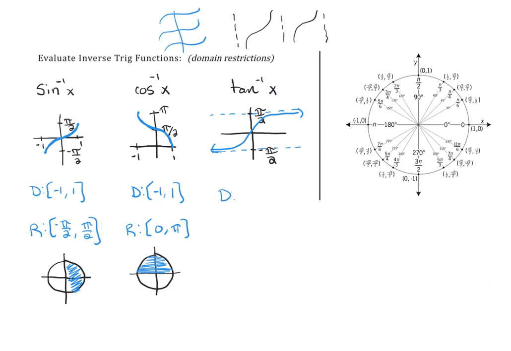So domain of tangent is all real numbers, but the range, similar to inverse sine, is negative pi over 2 to pi over 2. So for tangent, this circle will look the same, only using quadrants 1 and 4.